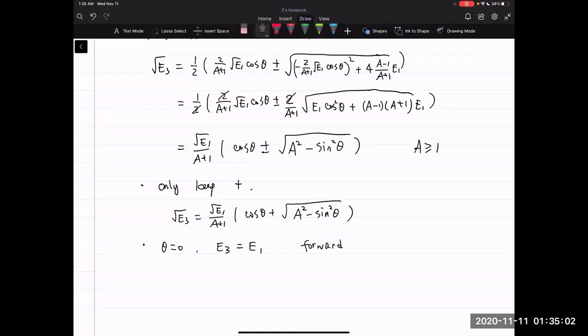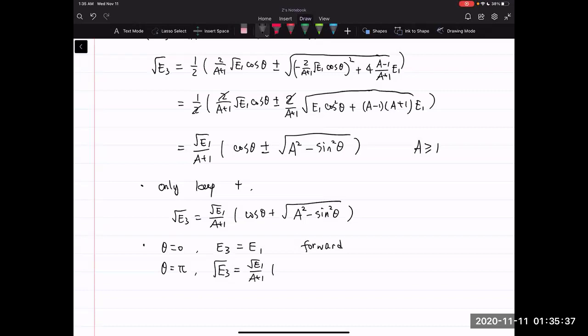Then what if theta is equal to pi? Let's do this calculation real quick. The square root of E3 is the square root of E1 over A plus 1, times cosine pi.